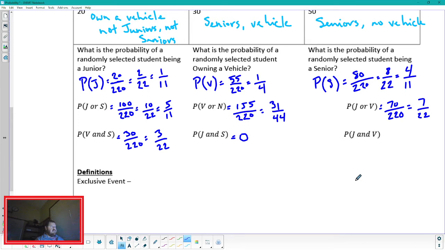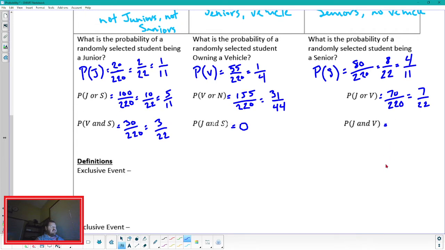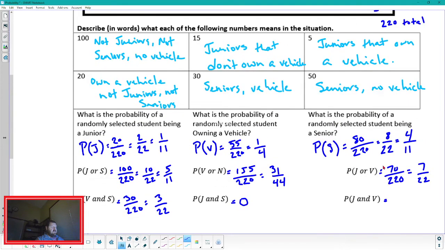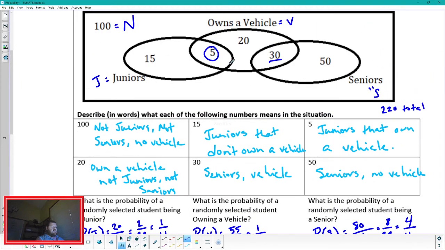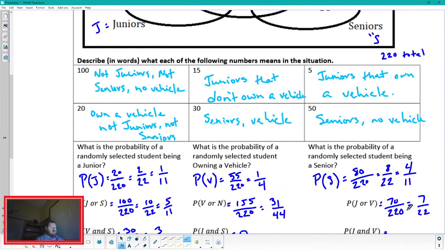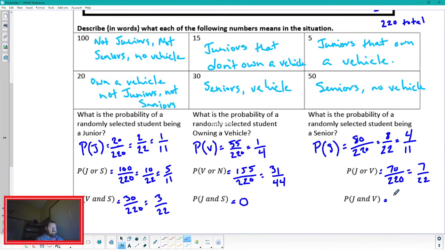Think about that and make sure you understand why that's the case. On the last one here, the probability of being a junior and a vehicle owner, there were only 5 of those out of my 220. I can divide them both by 5 and I'm going to get 1 over 44.